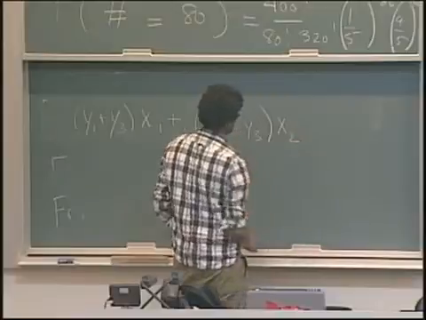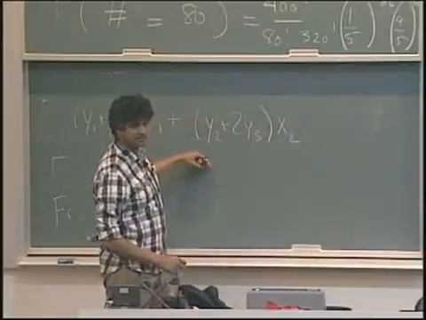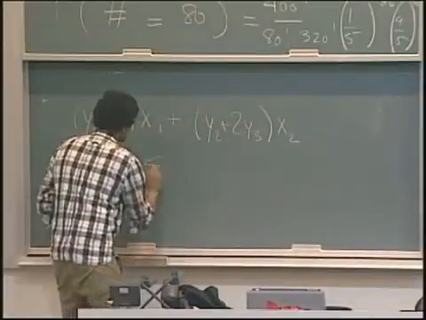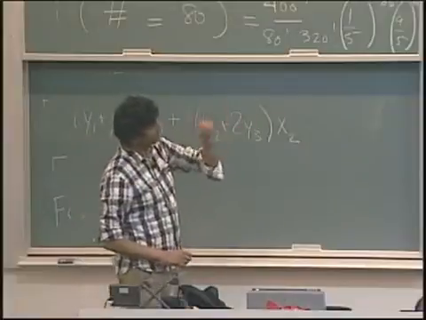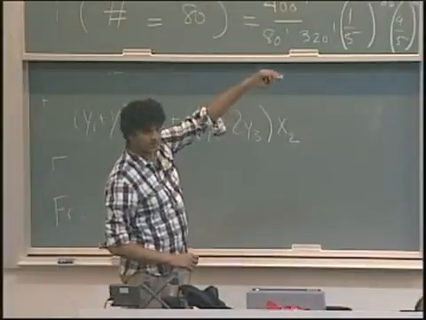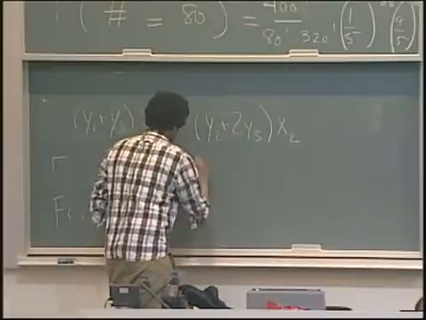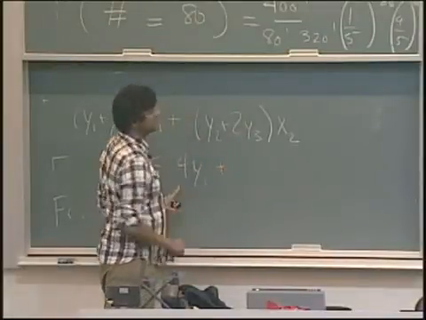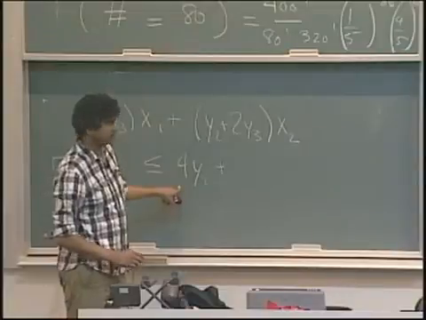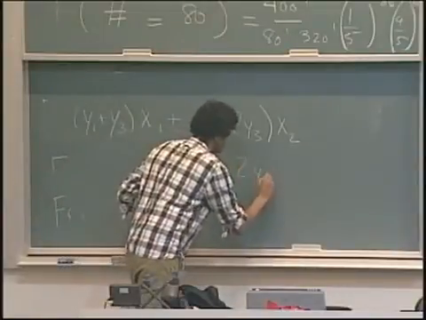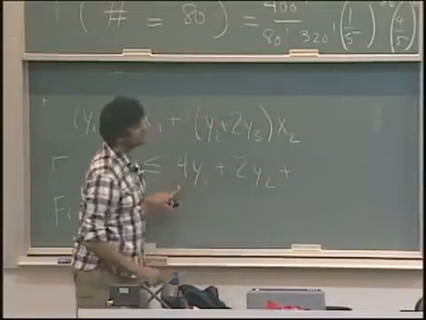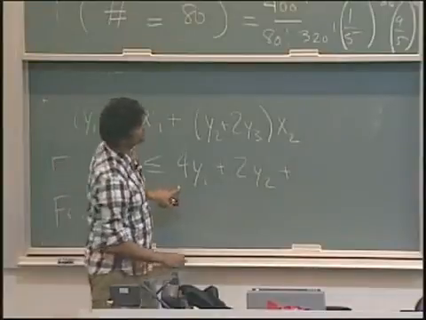That's going to be my left-hand side. Now my right-hand side is going to be 4 times y1 plus 2y2 plus 7y3.